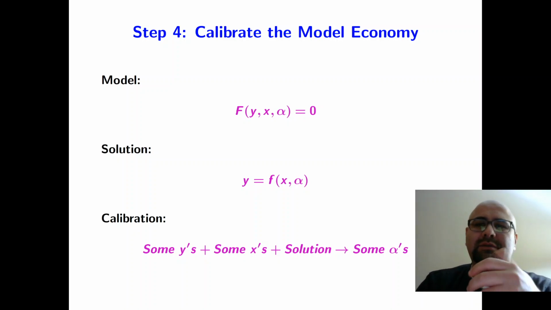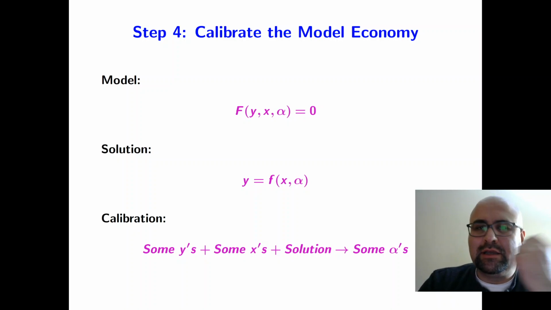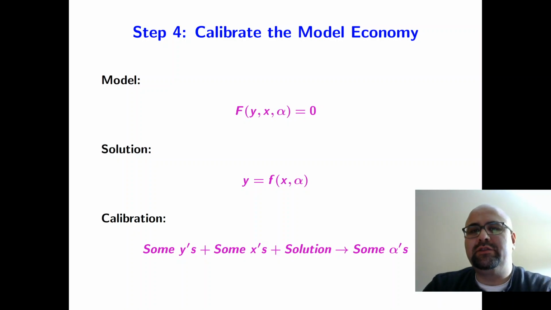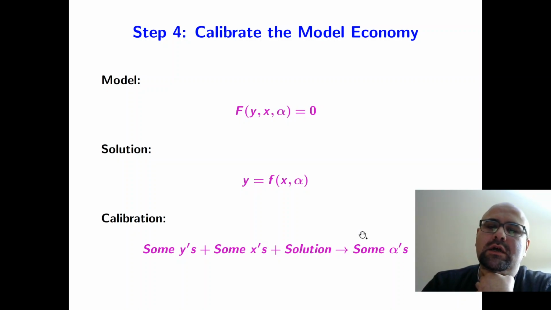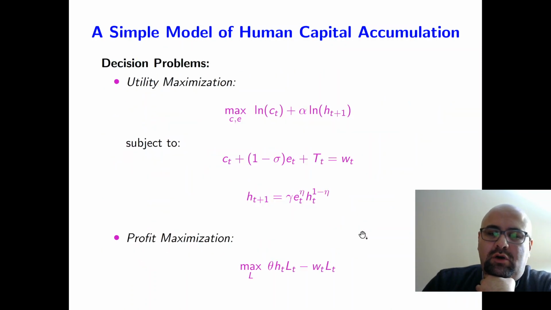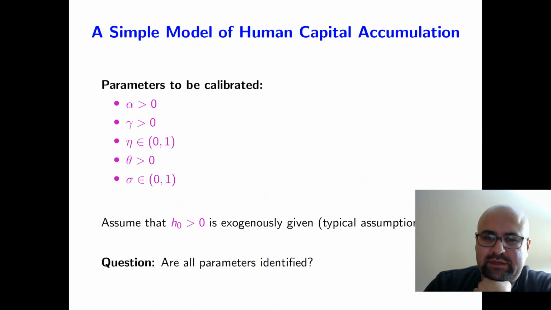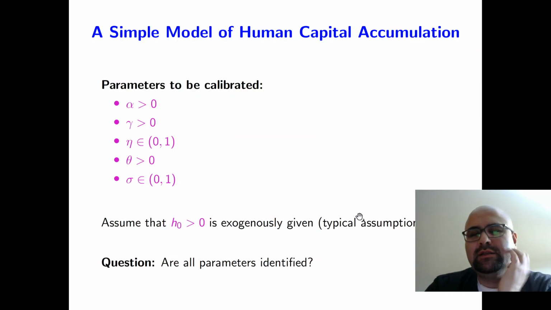Some parameters may remain unidentified, and then of course I should develop other strategies, which I will explain in a moment. In that particular example, not all parameters are identified. So the answer is no for this example, but then we will have some strategies.